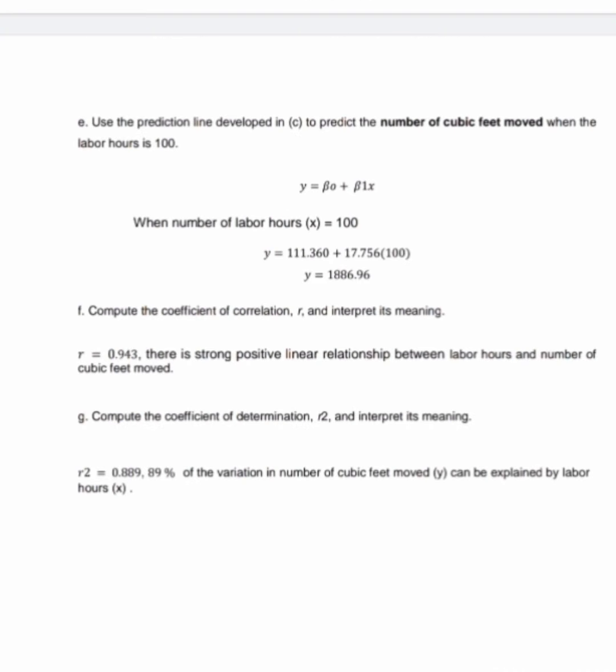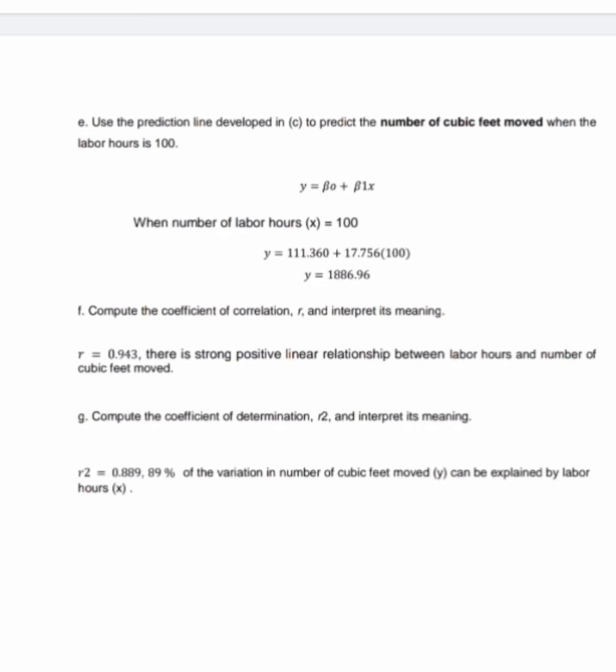For question F, compute the coefficient of correlation R and interpret its meaning. From the table, R is equal to 0.943. There is a strong positive linear relationship between labor hour and number of cubic feet moved.